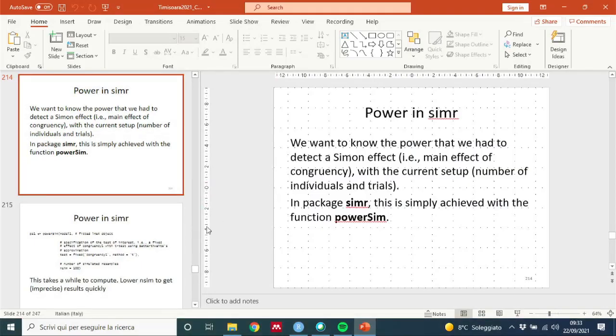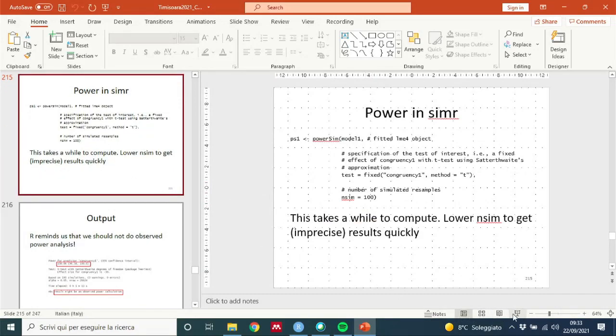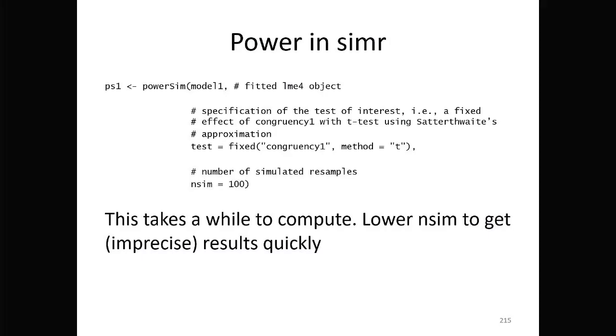So to do that, we will use the function powerSim, so power simulation. The first argument is a fitted lme4 model, in this case the object model 1. Then we need to specify the test of interest, so the test for which we want to power our study. In this case, it will be the fixed effect of congruency 1, and the method will be a t-test.